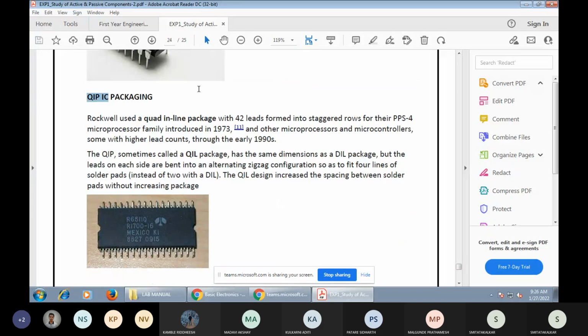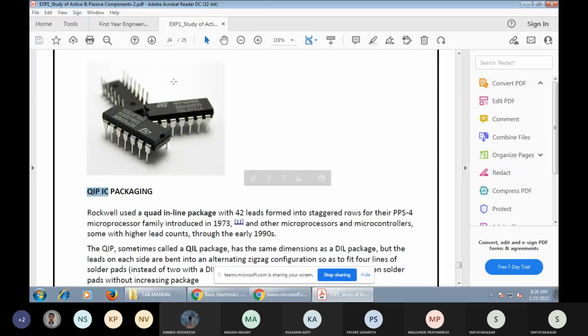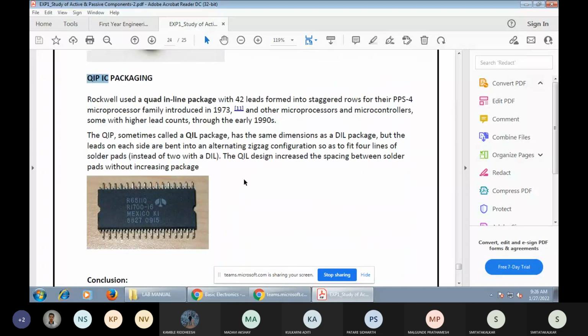Here the quad IC, quad input. Here the double pin: double means the right side has 10 pins, another side has 10 pins. Left side has 8 pins, another side has 8 pins. But the quad you can use for a 40 pin IC for a microcontroller. A 300 pin IC is for very large scale integrated circuits like a Xilinx IC.